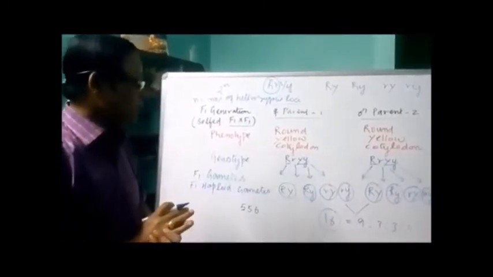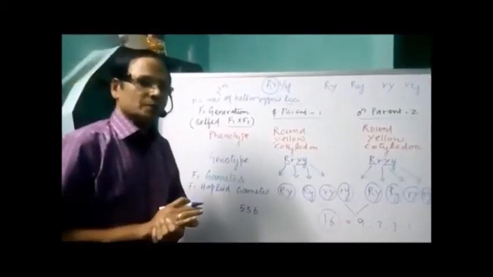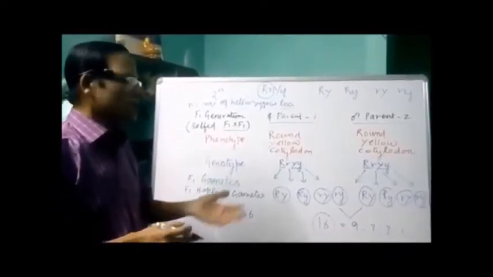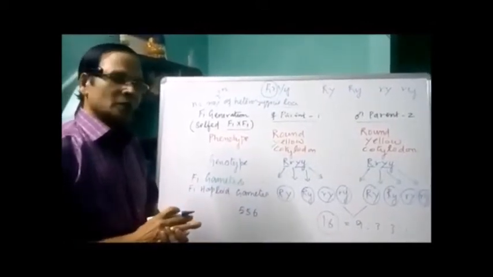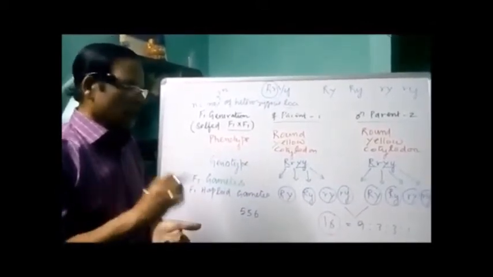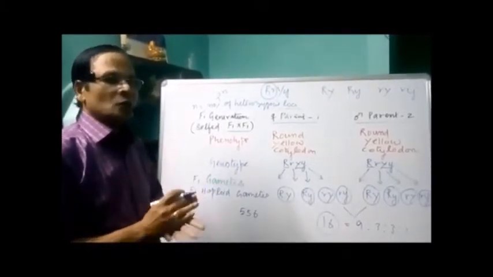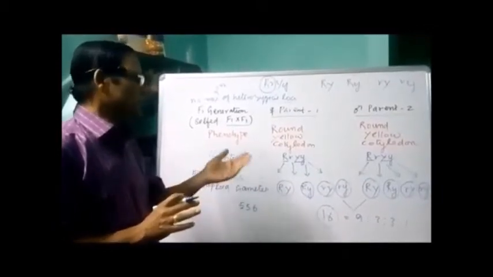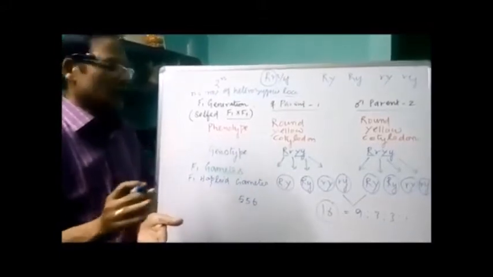Now this dihybrid ratio is an ideal ratio. It is based on probability, including various factors like the law of segregation, independent assortment and random fertilization. It's a proportion including the law of segregation, law of independent assortment and random fertilization.